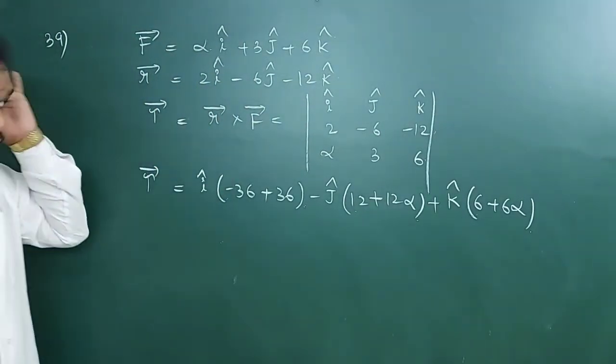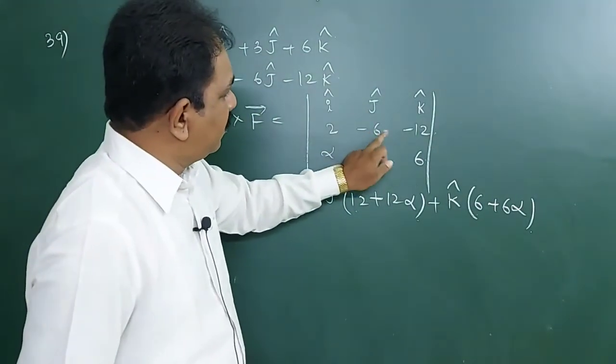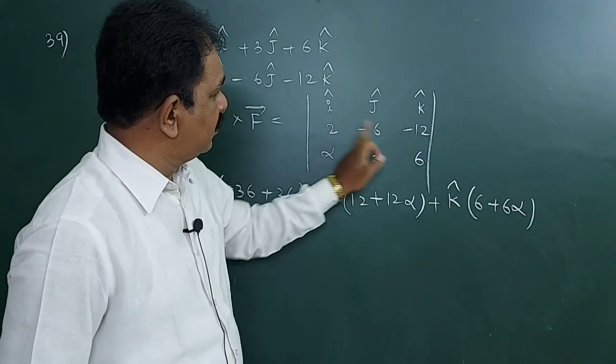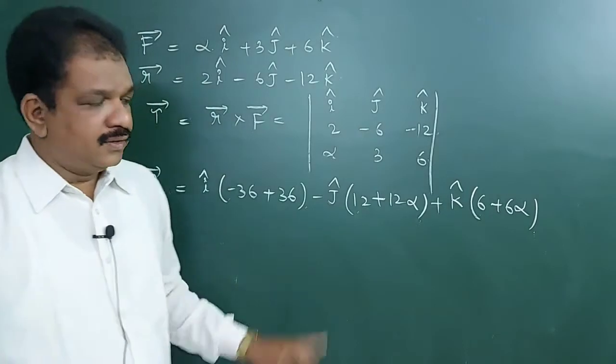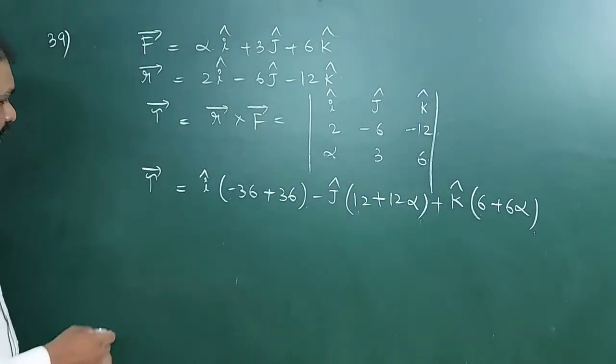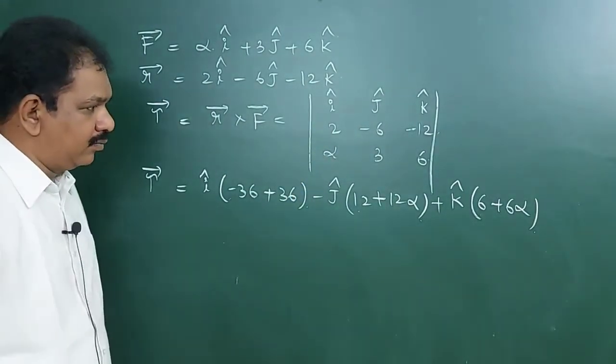So i cap into minus of this two product, minus this two product. So here this is the tau value.